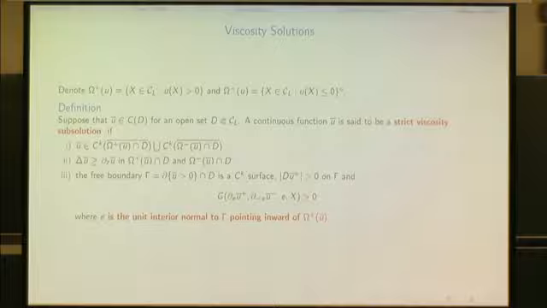And then here is the definition of a viscosity subsolution. Well, the first condition says that my u is C^k basically in the closure of the positivity set and the negativity set relative to this domain D. Sorry, C^k, it's not continuous, and it's going to satisfy this differential equation. So from now on, I'm assuming that the slope of the linear functions that my beta is composed of is 1.